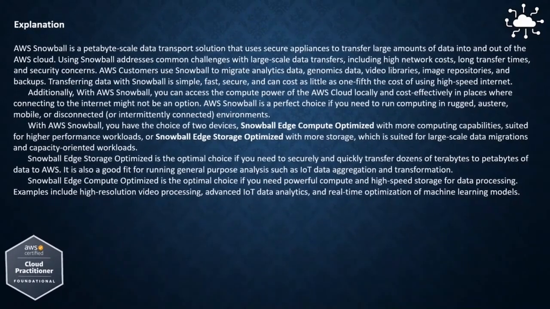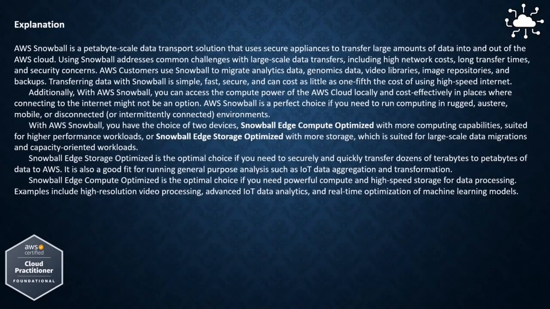Explanation. AWS Snowball is a petabyte-scale data transport solution that uses secure appliances to transfer large amounts of data into and out of the AWS cloud. Using Snowball addresses common challenges with large-scale data transfers, including high network costs, long transfer times, and security concerns.